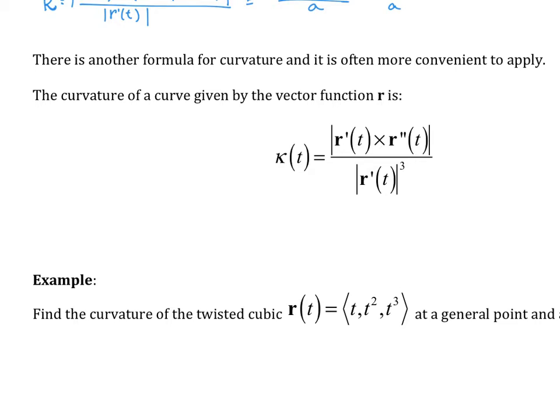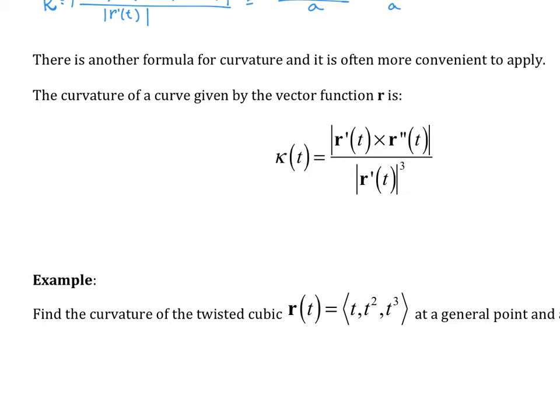And that is that kappa. See, that kappa is a little bit weird, there's a different font I used where it looks a little bit different, has more of a curve at the K. But anyway, we have the magnitude of r prime of t crossed with r double prime of t over the magnitude of r prime of t cubed.